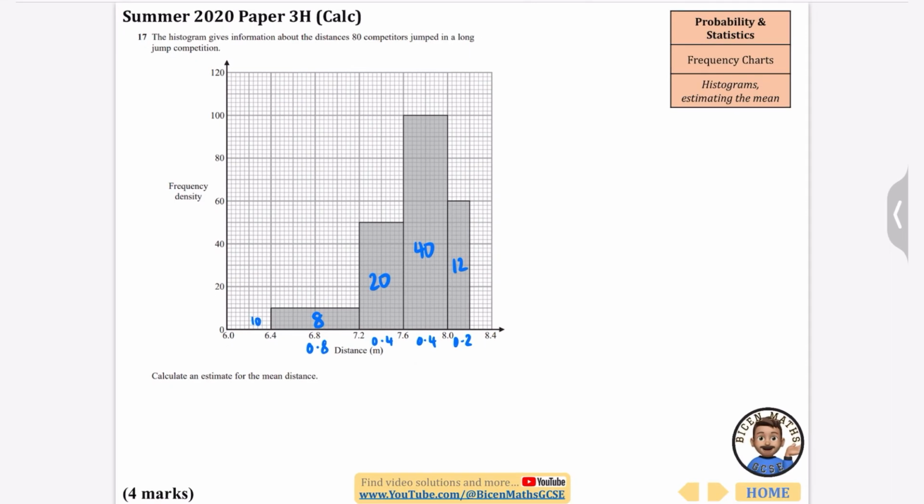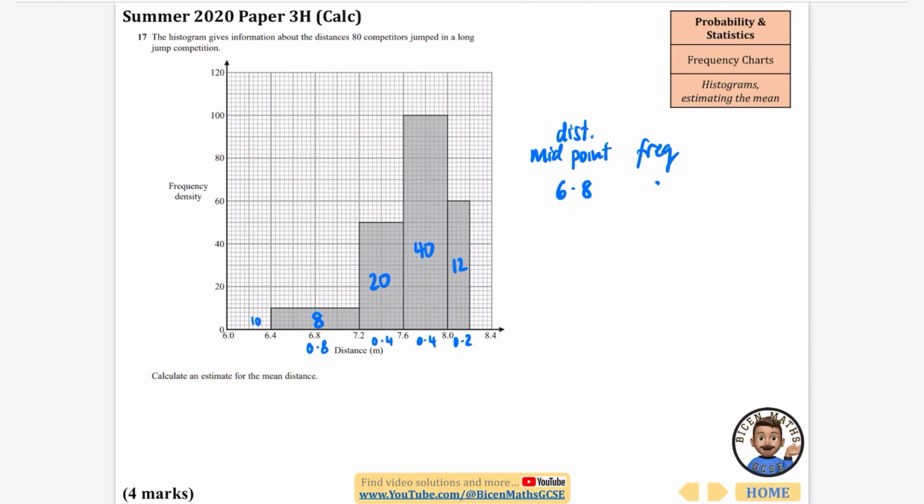We're going to find an estimate for the mean distance. So I'm actually going to change this now from the kind of question. I'm going to say the distance, then I'm going to do the midpoint, and then I'm going to do the frequency. In fact, I could probably just do the midpoint. I'm just going to say it's the distance midpoint. And then we're going to do the same thing we would usually do. So the first midpoint is 6.8. That's this middle value.